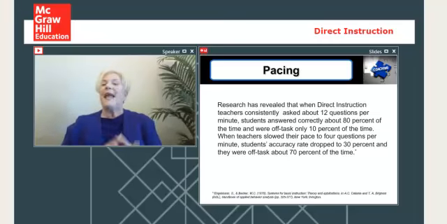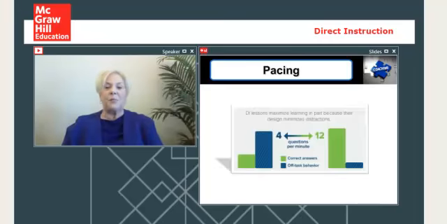But if we have a teacher who's only getting 4 responses per minute, and why is this happening? Well, number 1, the teacher doesn't know the script, hasn't prepared for the lesson, or we've got management problems or grouping problems. If we're only getting 4 responses per minute, the students are off task about 70% of the time, and the accuracy drops to 30%.